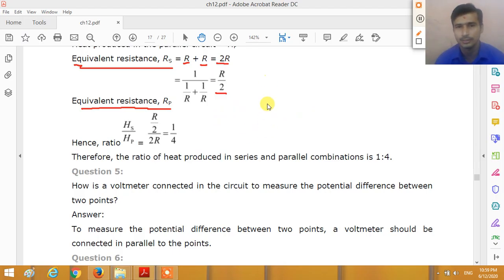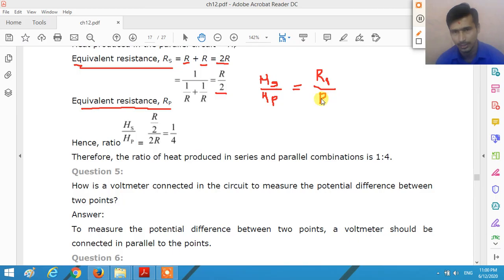So by the above formula, Hs, the heat energy produced in series connection, divided by Hp, the heat energy produced in parallel connection, is equal to Rp by Rs. What is the formula? Rp divided by Rs.